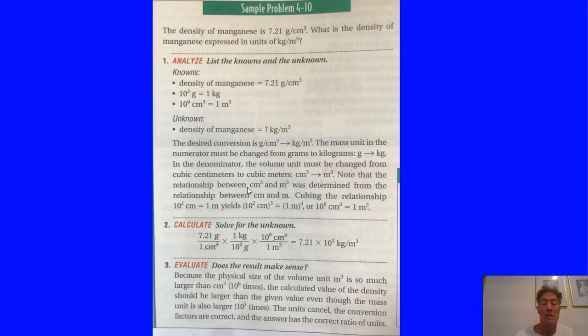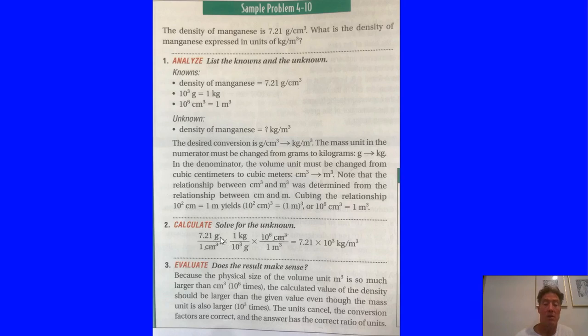What we can do is take the relationship that 1 meter equals 100 centimeters. If I cube this, I have to cube this, which means a cubic meter is going to equal 10 to the 6, right? It's going to equal 1,000,000 cubic centimeters. So that gives us this conversion factor.